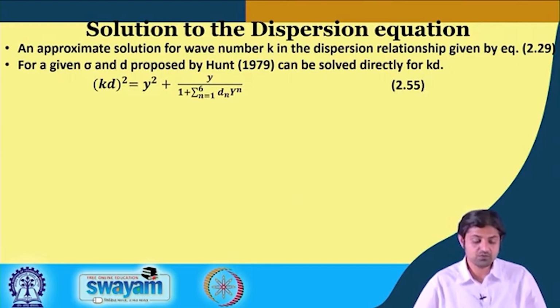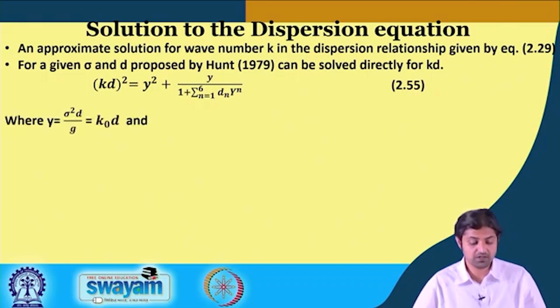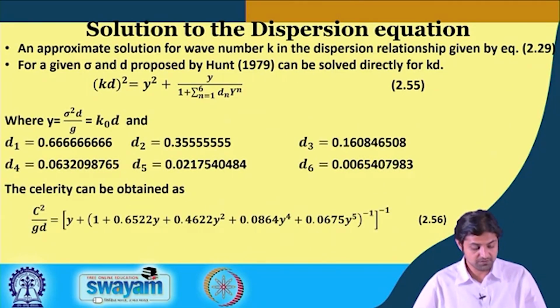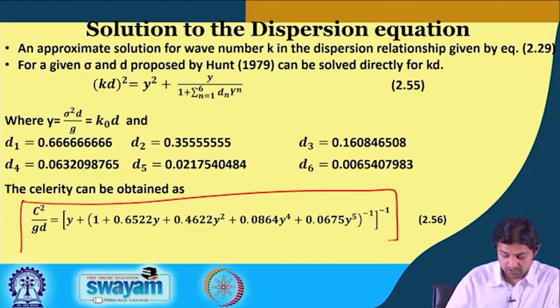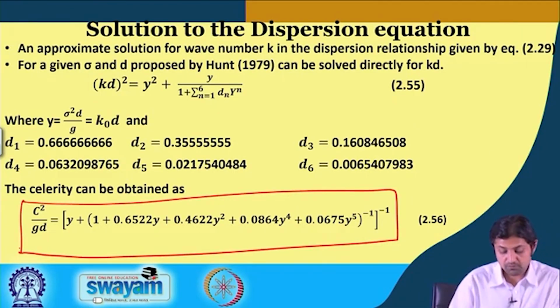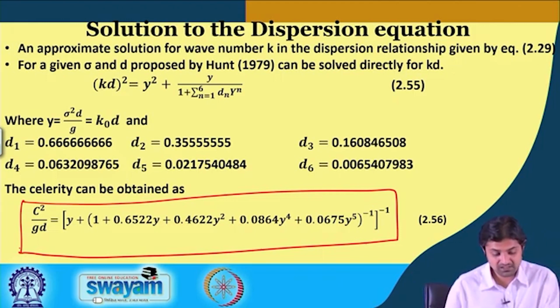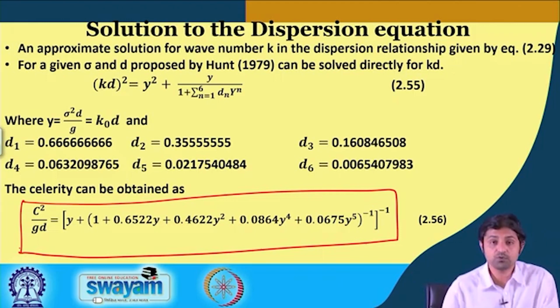He said kd squared is equal to y squared plus y divided by 1 plus the sum over n from 1 to 6 of dn yn, and this final equation can be used in MATLAB or Excel to determine kd for different y's. If you put it in a computer code using MATLAB or Excel, there is no need for iteration or any other method. So this is just for information purposes.